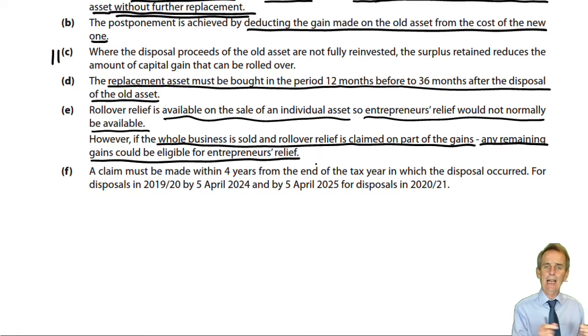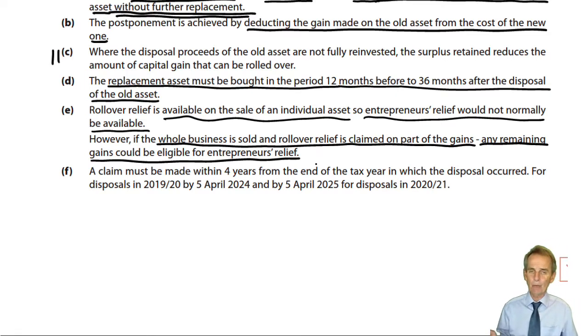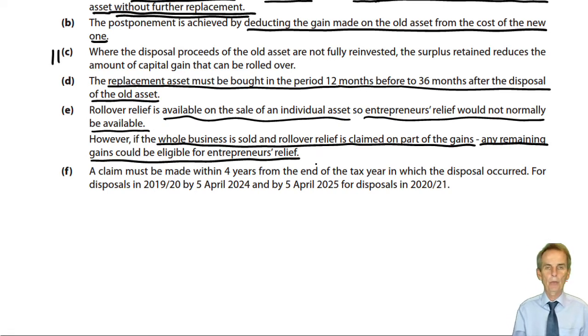So rather than being taxed on that part of the gain now at 10%, you could defer it, because you know that the property that you bought will be a qualifying property within a qualifying trade, such that when you've built that business up and you sell it, those gains, including that bigger property gain, would be eligible for entrepreneur's relief.